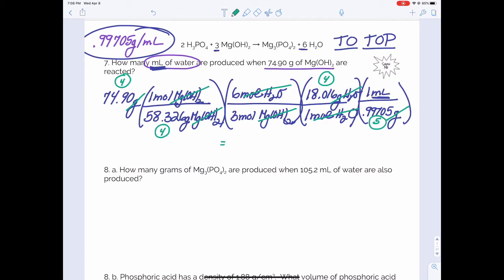So my answer is going to have 4 significant figures, and that's 46.41 milliliters of water. So what is that saying? That's saying that if I start with 74.90 grams of magnesium hydroxide, this is what volume of water will be made in the process of this chemical reaction.